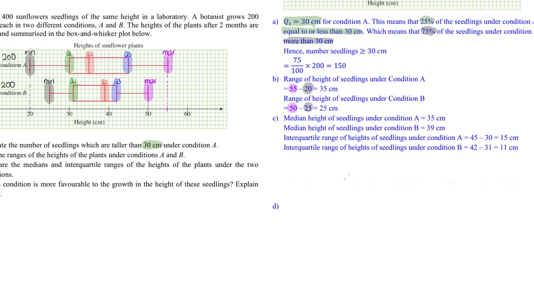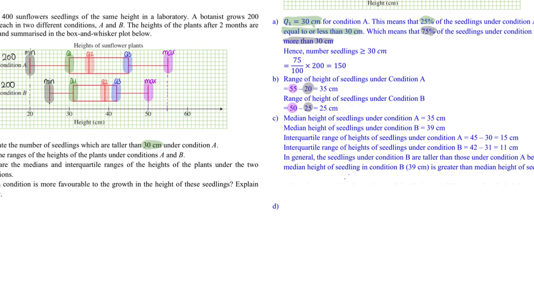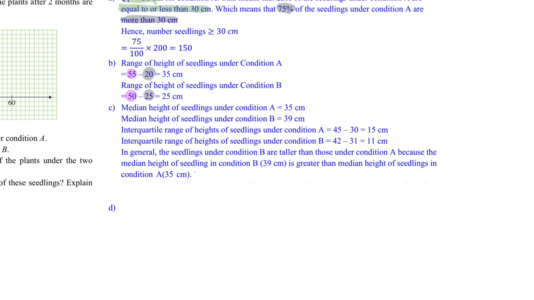And for the quick comparison, since they only ask us to compare, we just need to state which one is higher, which one is lower. Okay, so this is a pretty straightforward kind of question. So I can say, in general, given this set of data, the seedlings for condition B are taller because the median is higher, 39 compared with 35.